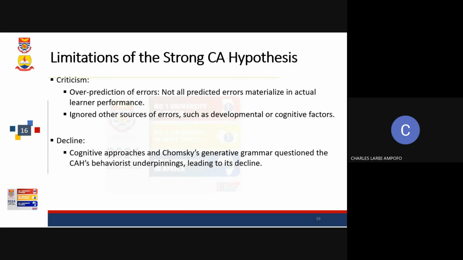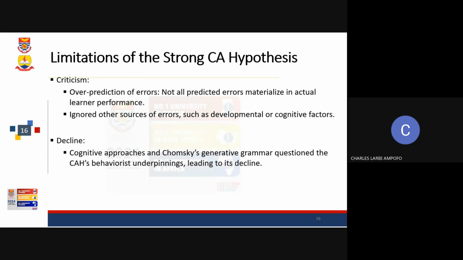Some are due to developmental issues. So one criticism leveled against contrastive analysis is that they overpredict errors, because not all errors predicted materialize in actual learner performance.